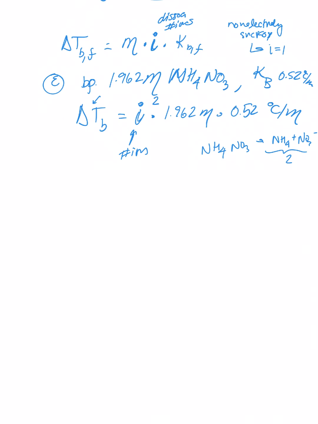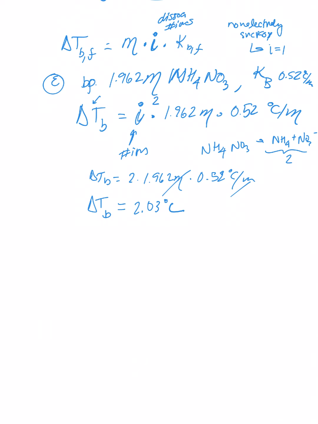So we can solve for our delta T sub B, which is equal to 2 times 1.962 molal times 0.52 degrees Celsius per molal. Our molals cancel, and we end up with a delta T B of 2.03 degrees Celsius.